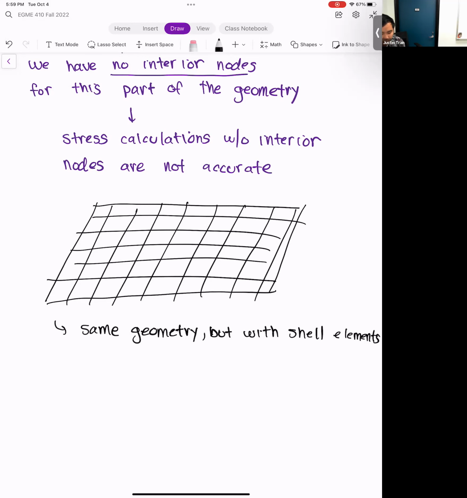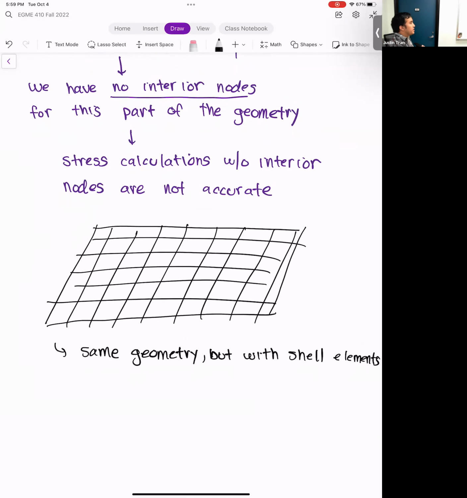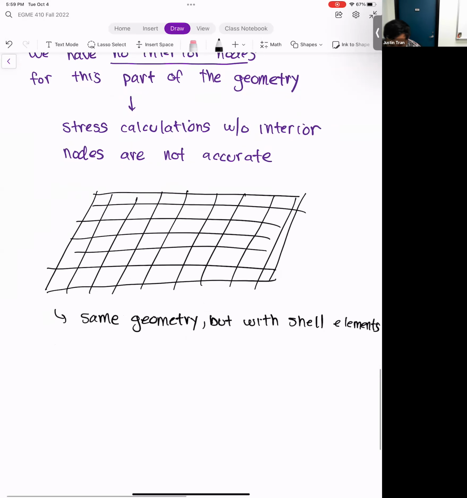Remember what I mentioned earlier, that for shells and beams, on a per node basis, we're computing additional degrees of freedom. For each of the nodes here, in addition to the X, Y, and Z deformation, we're also computing the X, Y, and Z rotational degrees of freedom as well.